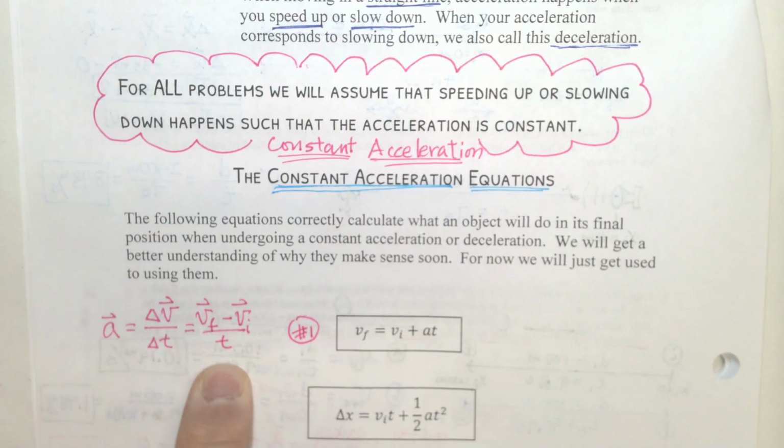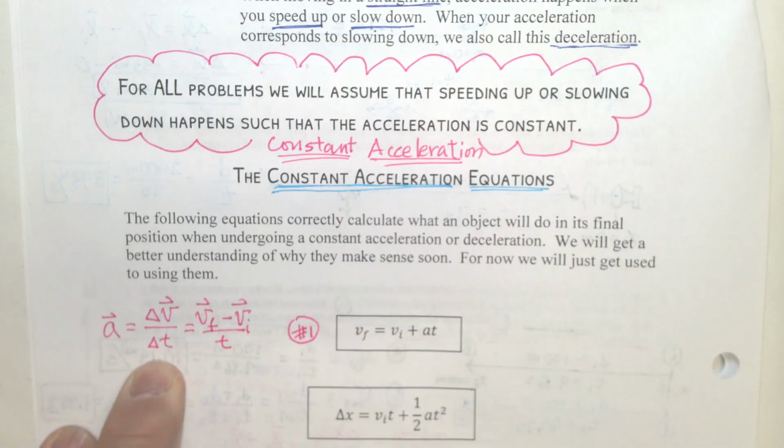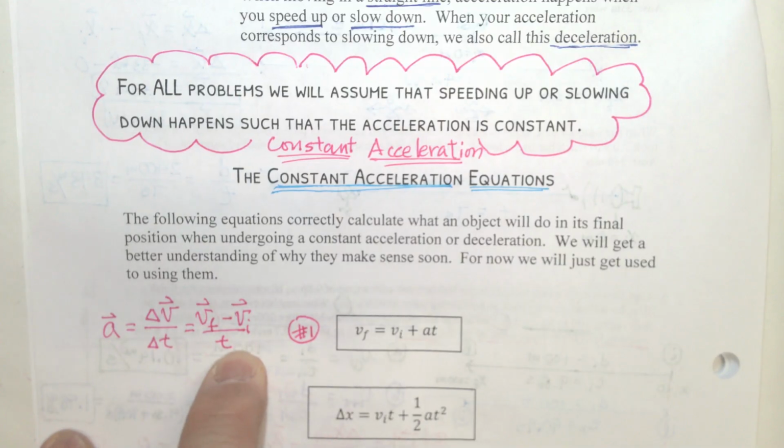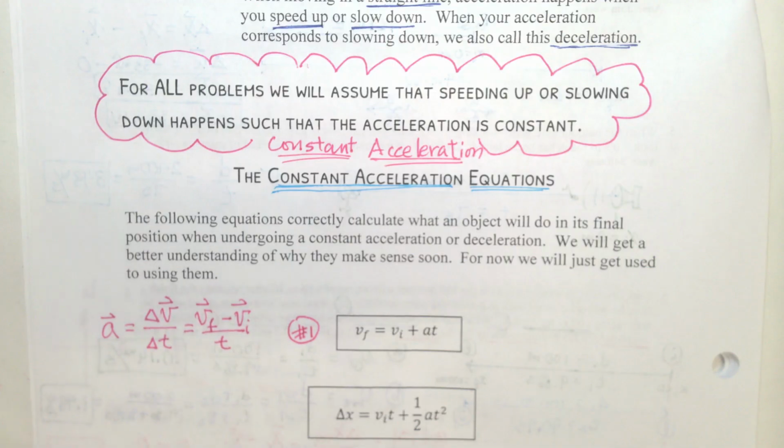Now this time t is the same as delta t if and only if t initial is equal to 0. When t initial is equal to 0, then delta t just becomes whatever the final time is. So this is where this equation comes from.